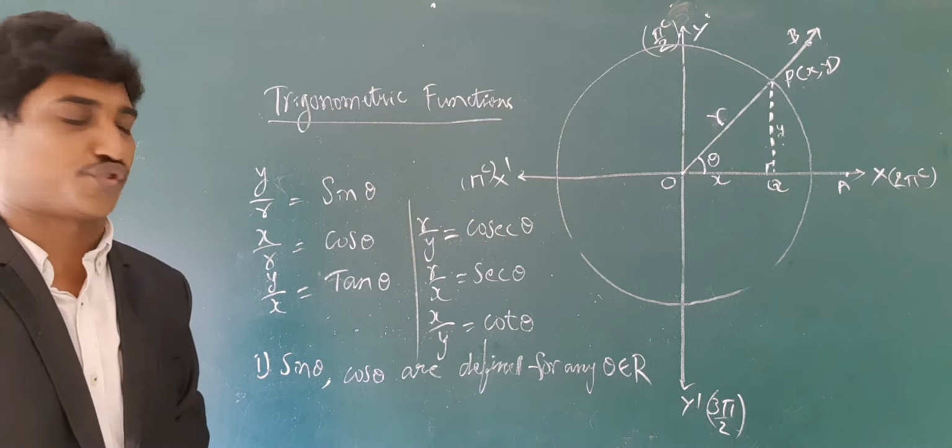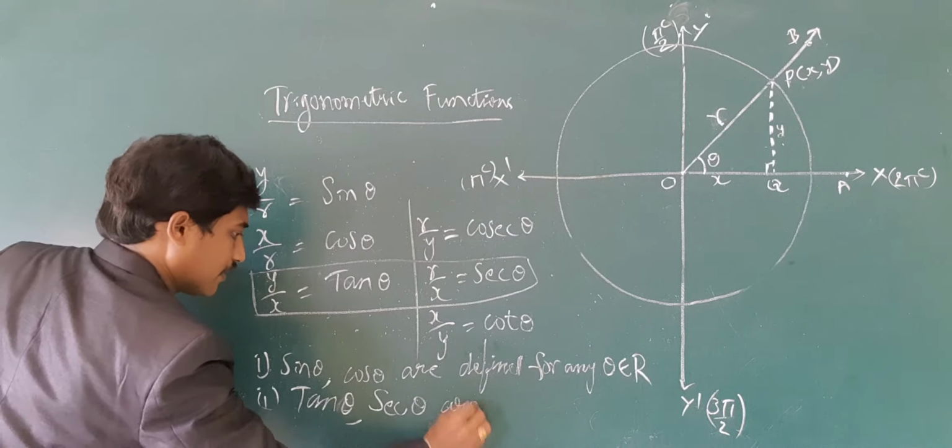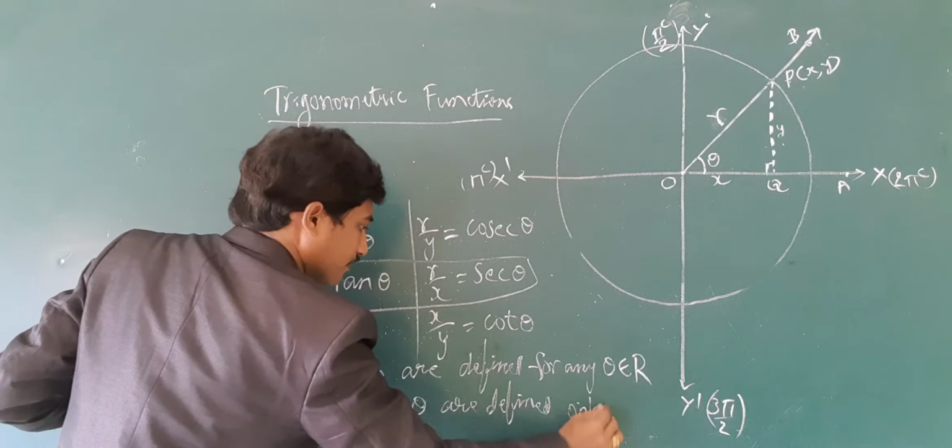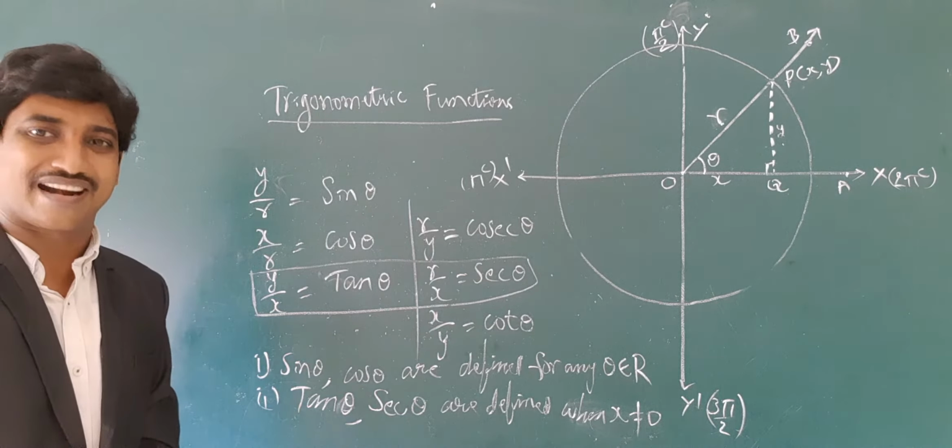Tan theta and secant theta are defined only when x is not equal to 0.